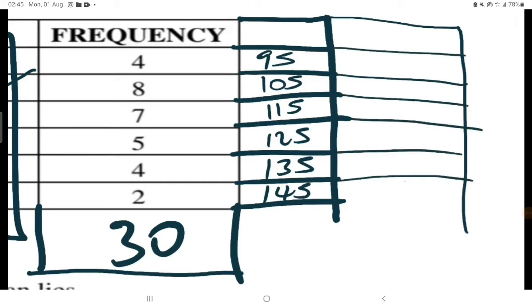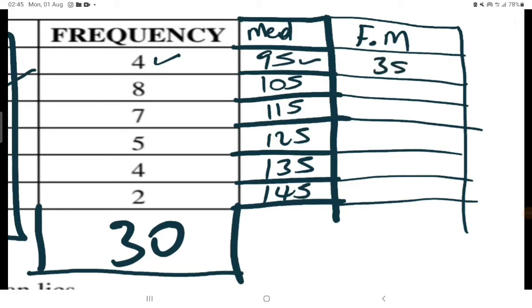Since this is the median class interval, here you find the frequency times the median. So the frequency times the median is 4 times 95 to get 380. Then here, 8 times 105, we get 840. Then you continue doing the same thing up until you finish all these blocks here.